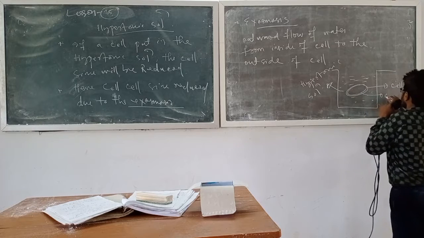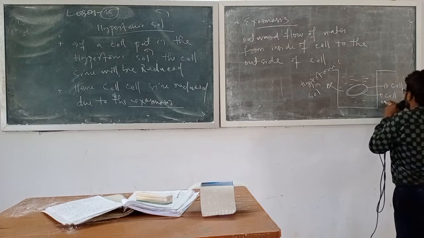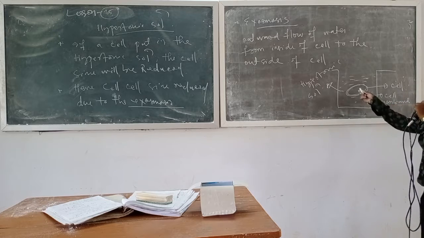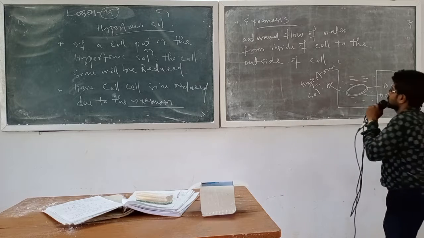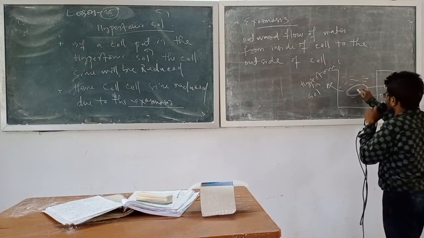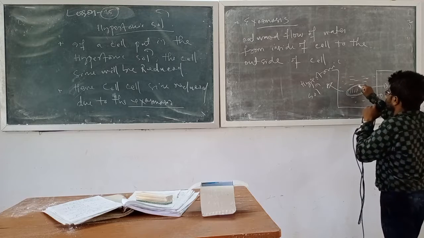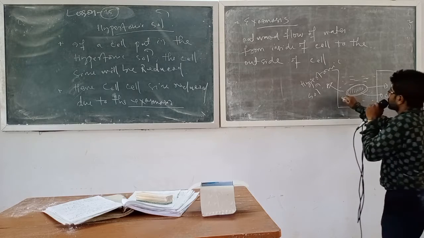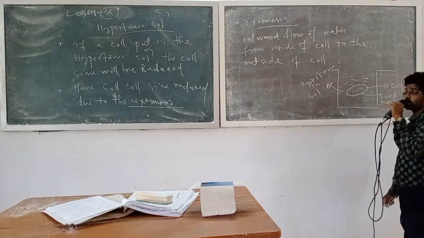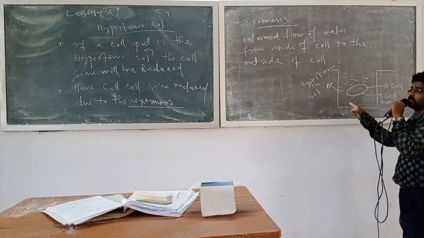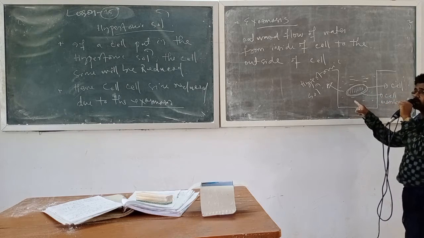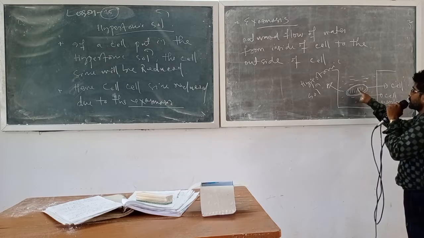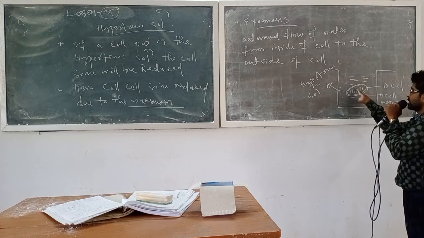Suppose this is the cell membrane. So inside the cell there is also a solution. Here it is the hypertonic solution. So what happens? Hypertonic solution has more osmotic pressure, having a lower amount of water. Water amount is very less here. So through the cell membrane, water will pass from inside of the cell to outside of the cell.